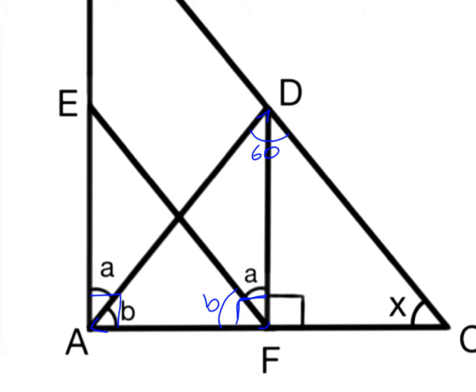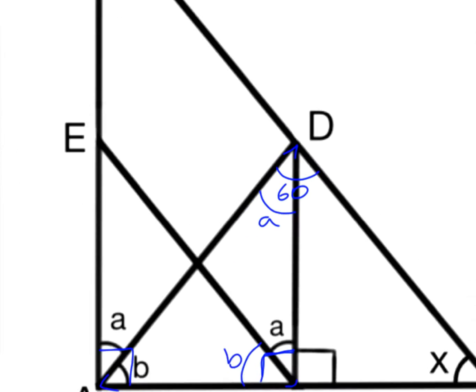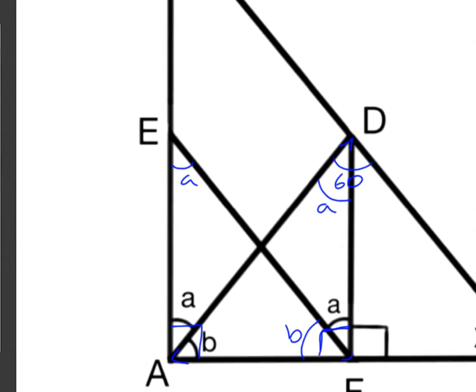So I've got 90 on the bottom right, B on the bottom left, and B plus A equals 90, so over here I have A. And the same thing goes the other way around. The bottom left-hand angle is a right angle and the bottom right is B, so this must be A.